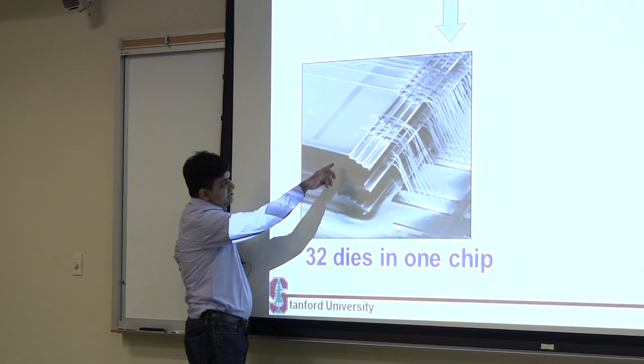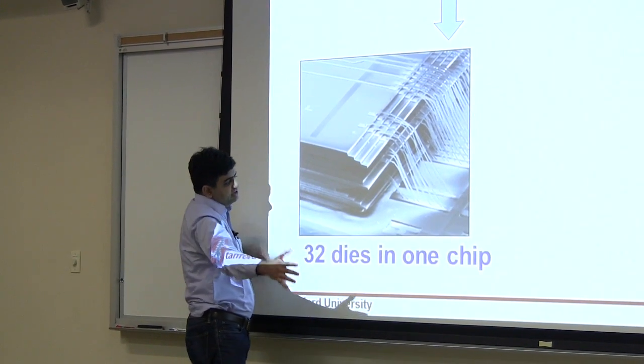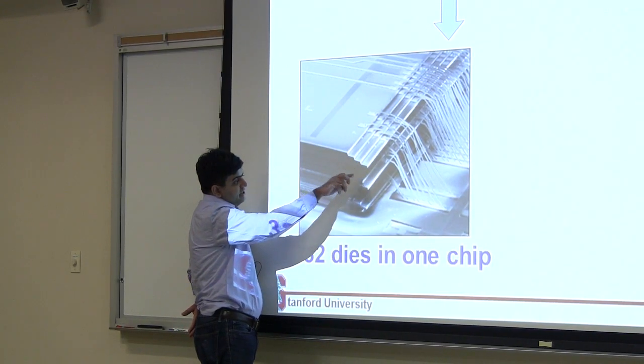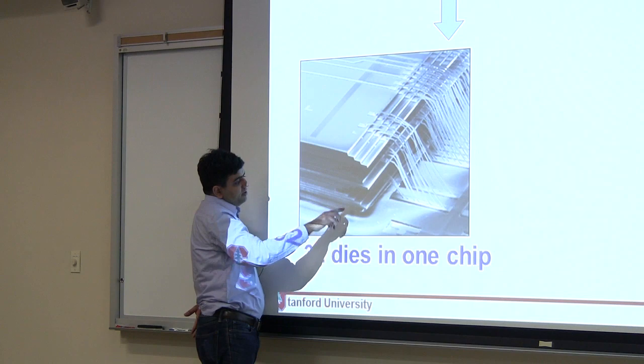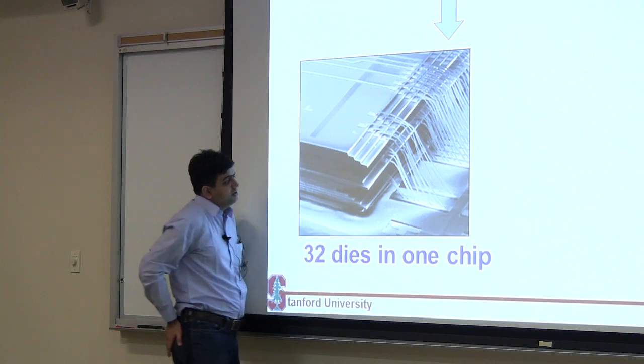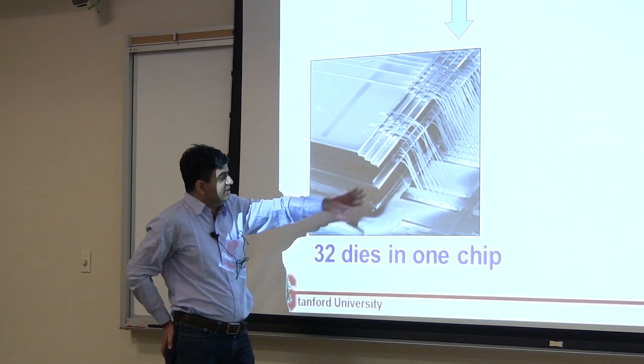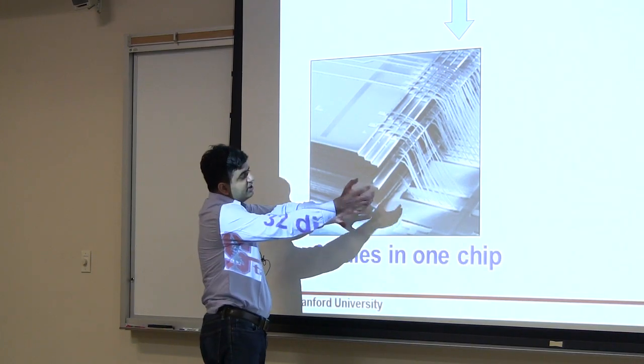If you even place them in a domino fashion, that will take up too much area. So it's like a double domino. There's one domino, and then another domino at the bottom, and then a third domino below it. Each of these dominoes is placed, and then you wire bond to that domino.